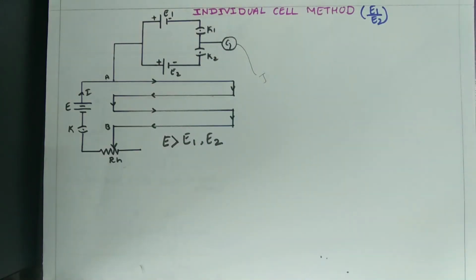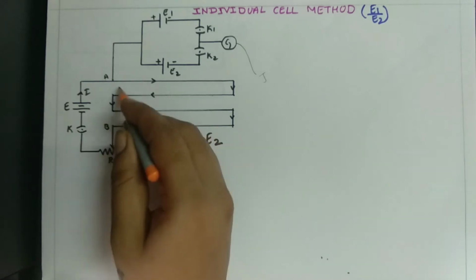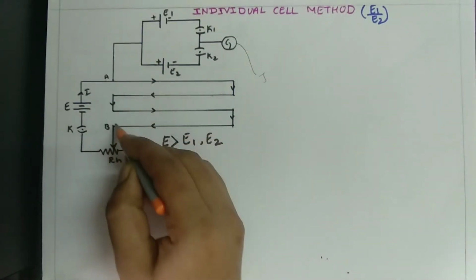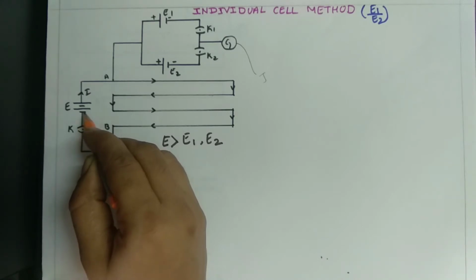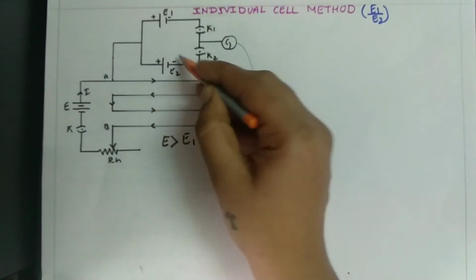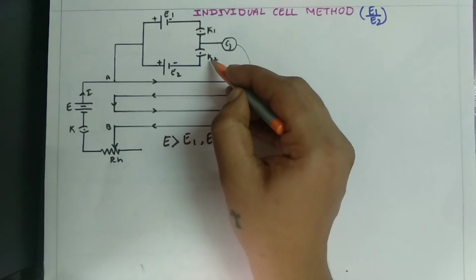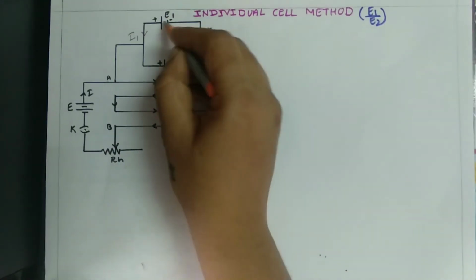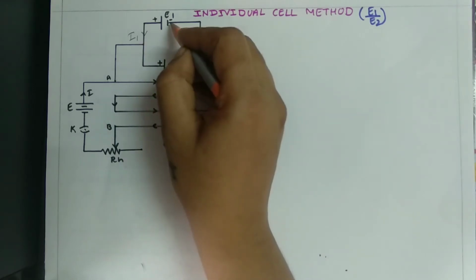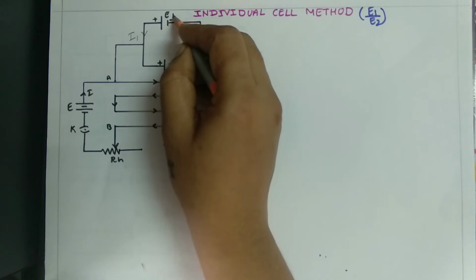Means now the circuit consists of the potentiometer wire, the driving cell, and also E1. E2 is not in the picture because K2 is kept open. Suppose I1 is drawn from the cell whose EMF is E1.